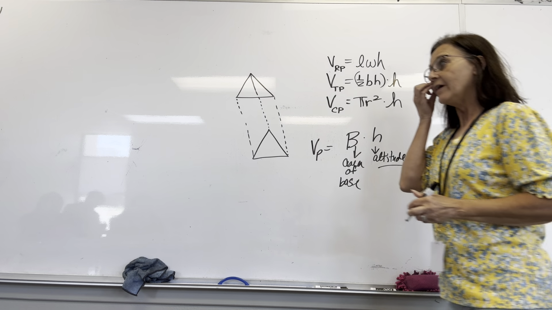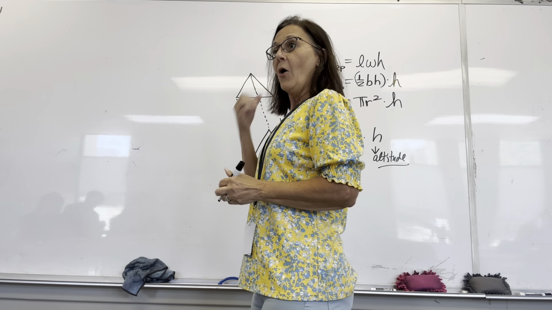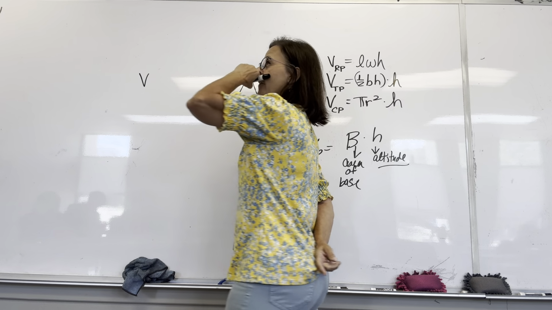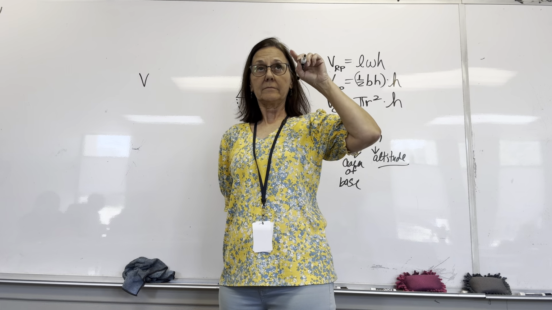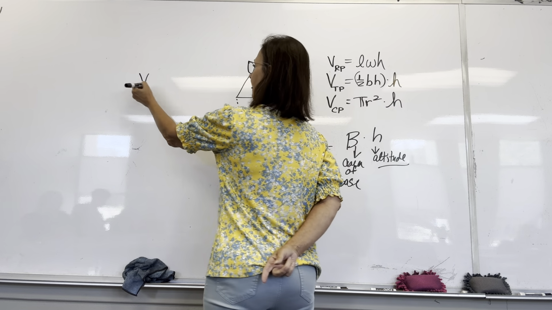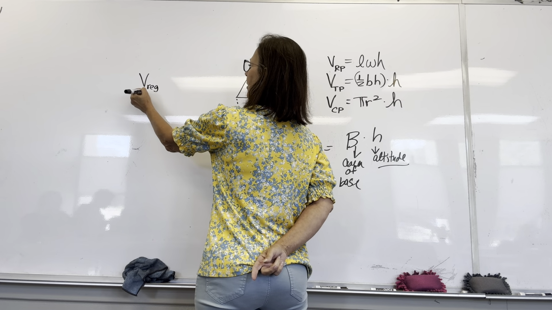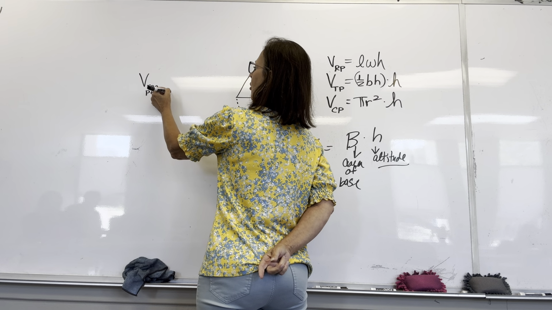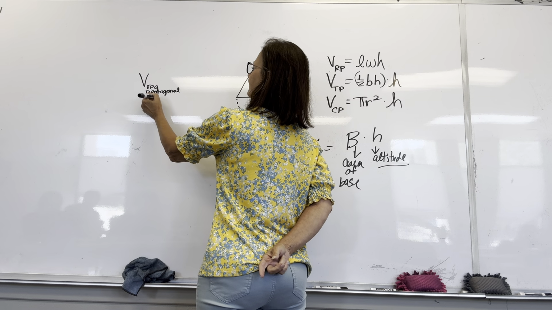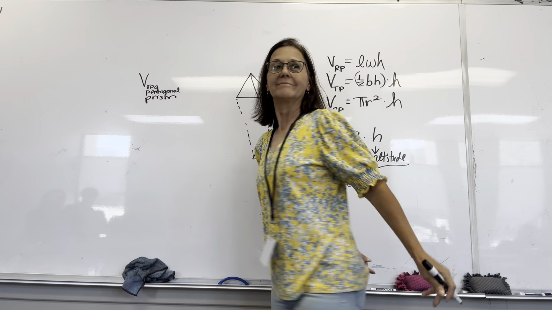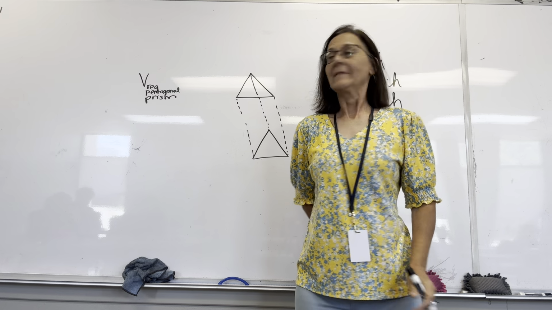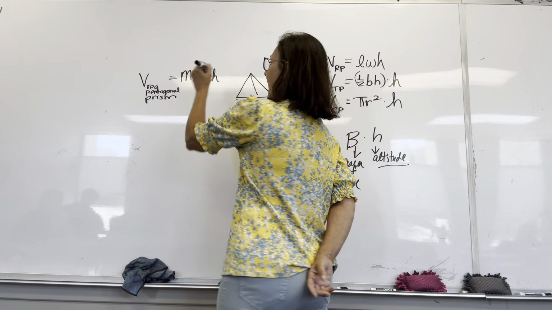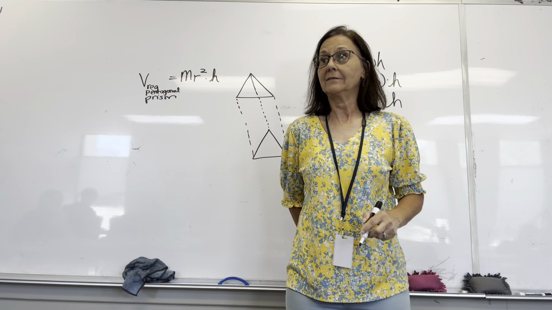What would be the volume of a regular pentagonal prism? It would be the area of the base times the height.